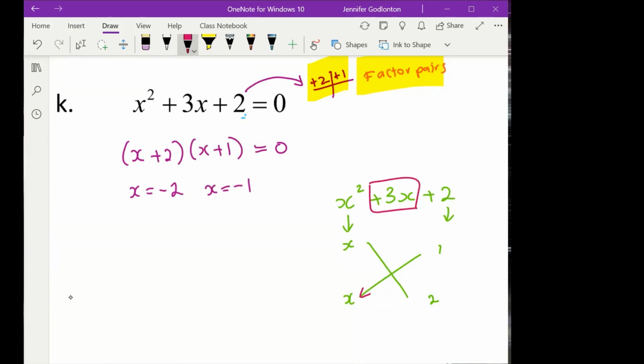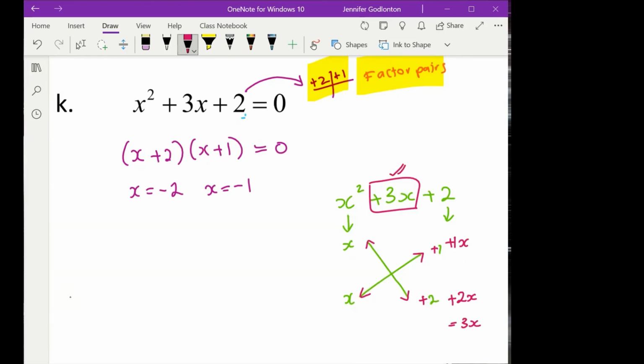And so when I multiply opposite each other, x times 1 is 1x, and x times 2 is 2x. I'm trying to get positive 3x, which means that must be plus 1, and that must be plus 2, because positive x plus 2x is equal to 3x, which is what we're wanting.